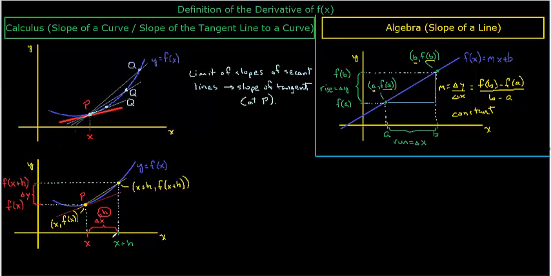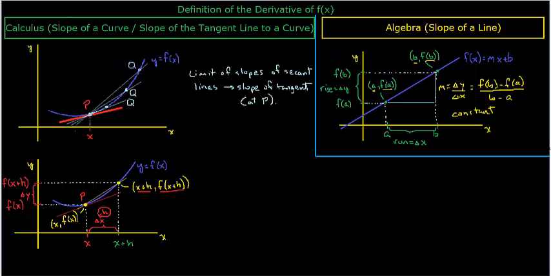Okay, so x plus h is this new x coordinate, and the y coordinate on that point on that graph is f evaluated at x plus h.